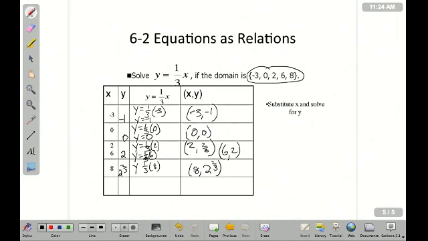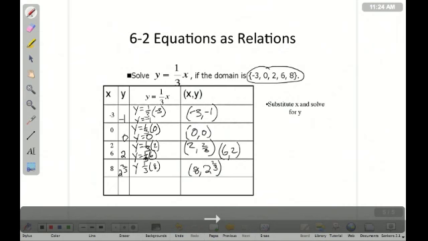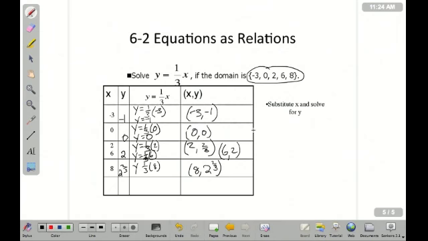Now if I wanted to go ahead and graph these, I could. So just to start my graph, it would look something like this. I want to plot each of these points.